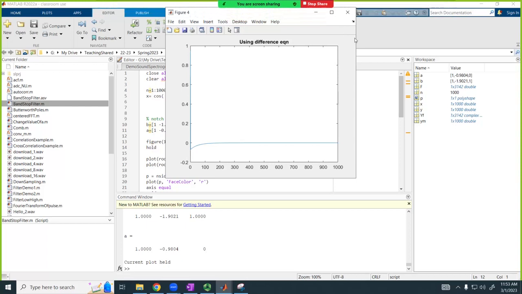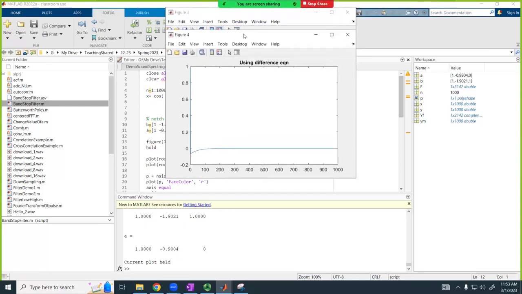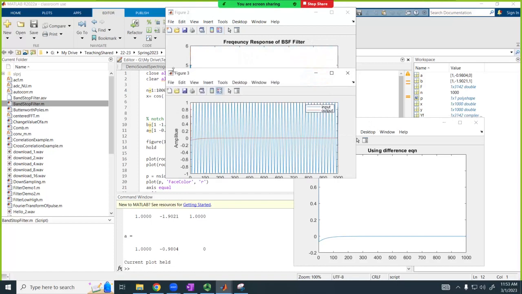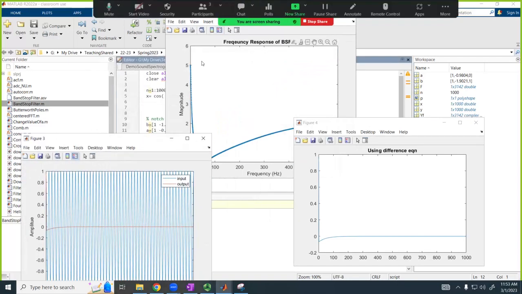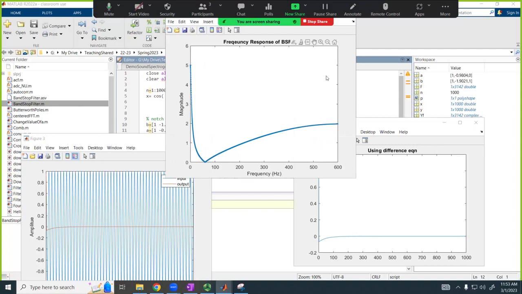Okay, so this is our filter that we just designed.